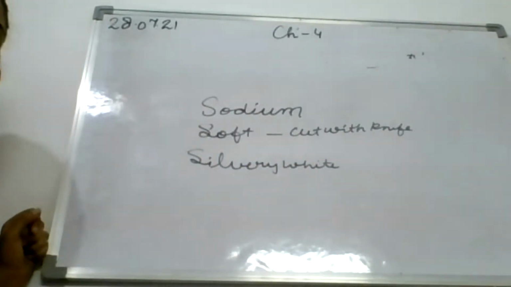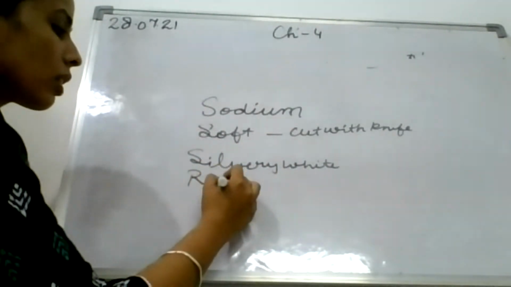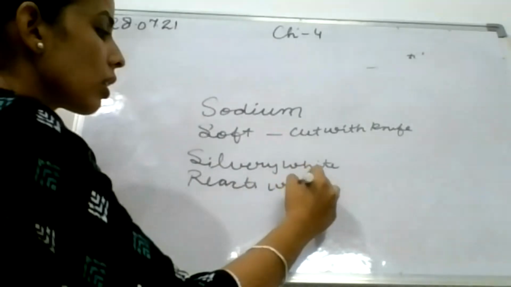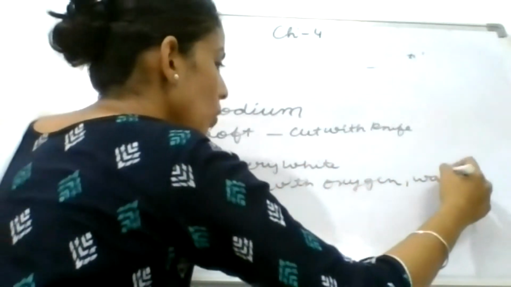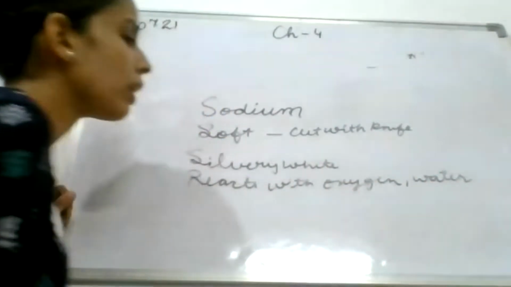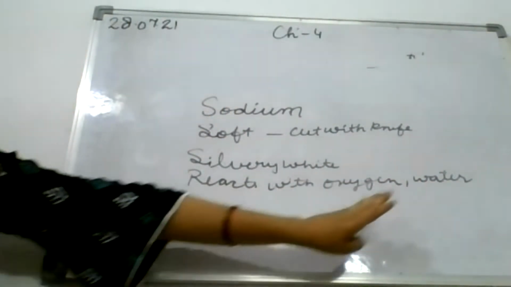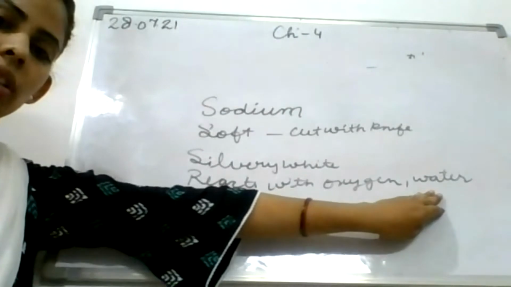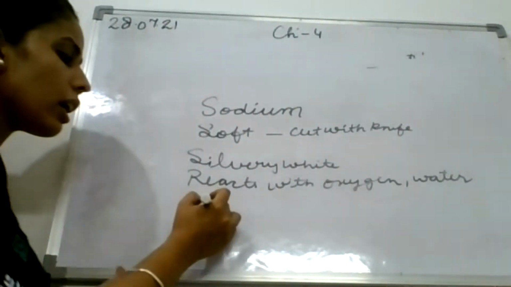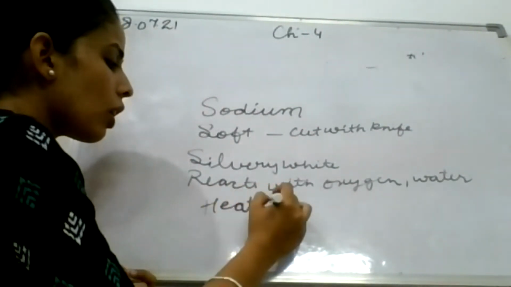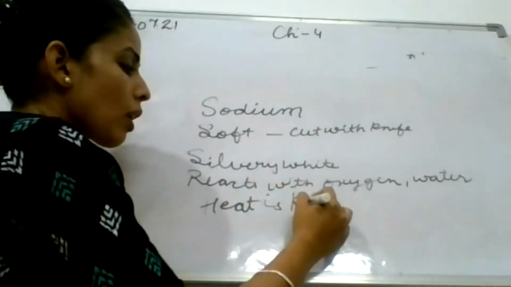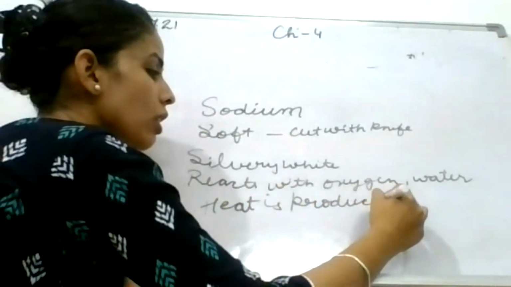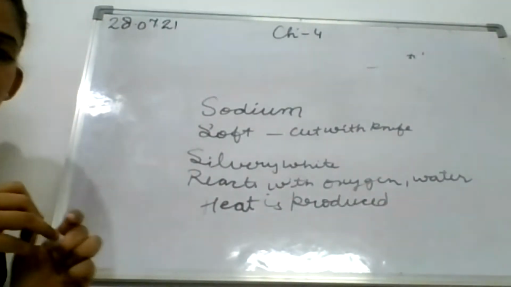And the next point is that it reacts with oxygen and water. So the important point here is that it cannot be stored in water. If we store it in water, a large amount of heat is produced, and the reaction will occur vigorously.